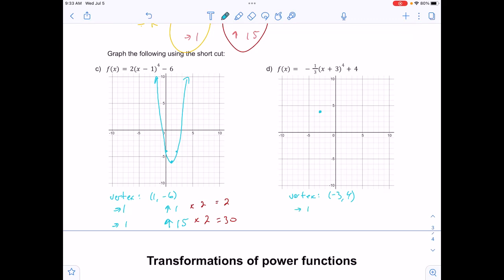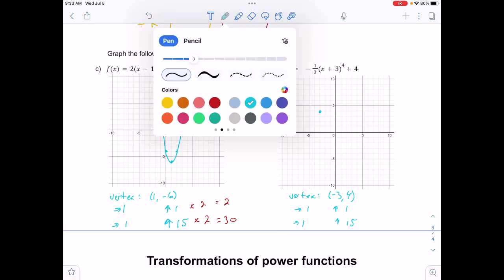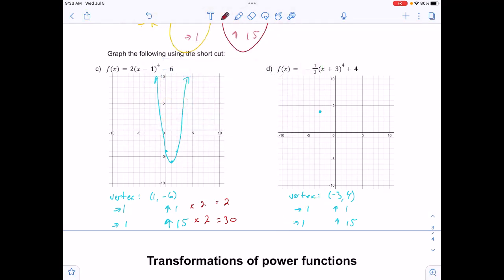So right 1, up 1, right 1, up 15. Again, there's no horizontal stretch or compression here. There's no values, so these guys are good. However, I do need to transform my step pattern in the vertical direction by multiplying by negative 1 over 3. And my new steps are going to be actually going down by a third and then going down by 5.